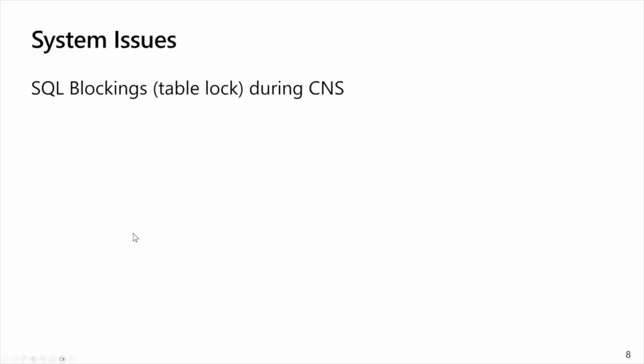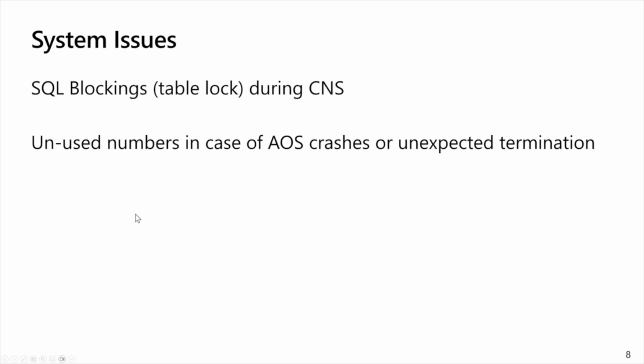Let's also talk about the system issues we saw at our end through telemetry and from the issue side from customers. We saw SQL blocking a lot, with table locks happening during continuous number sequence. Another area we look to improve here is in case of crashes, restarts, or any unexpected terminations, we saw a pattern where numbers were sometimes unused, even in continuous number sequence.